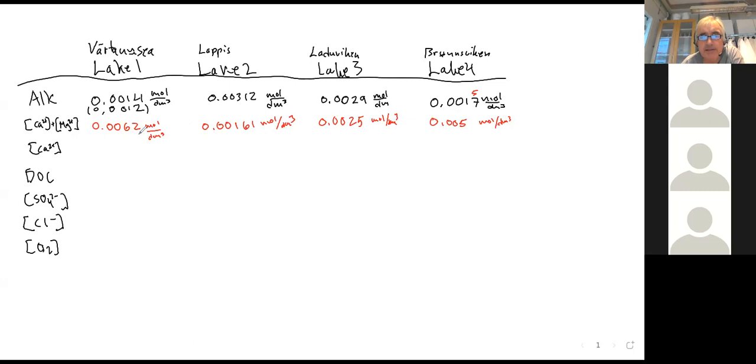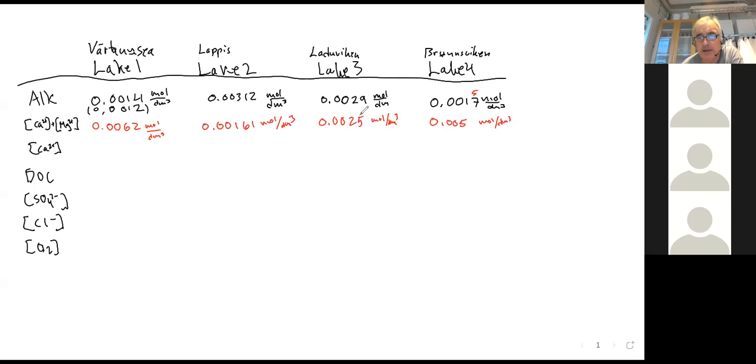So here we can see that for Lake 1, it seems to be higher metal ion concentration than alkalinity. Also these are 2-valued ions, and the alkalinity is essentially 1 minus valued hydrogen carbonate. So it's more metal ions than carbonates. Here it's approximately half, and this is perhaps reasonable if all the hydrogen carbonate comes from weathering of calcium or magnesium minerals.